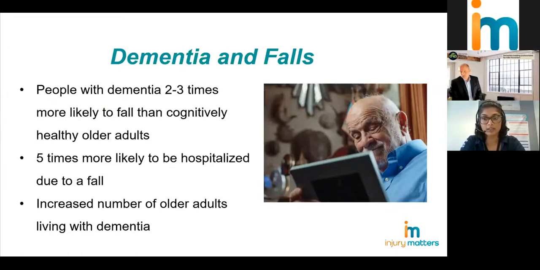Therefore, older adults with dementia can be considered a high-risk group for falls. An understanding of risk factors for falls among this population is required so that healthcare professionals can develop effective falls prevention strategies to reduce the negative impact of falls on an individual's quality of life, as well as the economic burden of treating falls in their workplace or clinical setting.